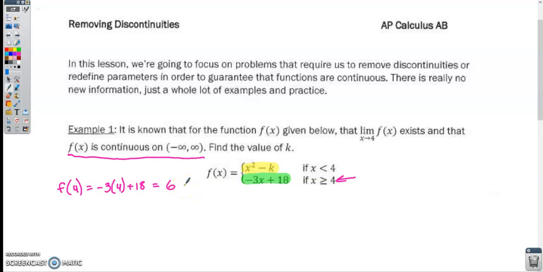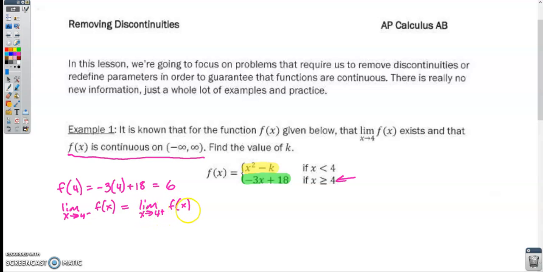Then we need to show that the limit exists, and what value of k we can find so that the limit exists as x approaches 4. So we're looking for the limit as x approaches 4 from the left to be equal to the limit as x approaches 4 from the right.